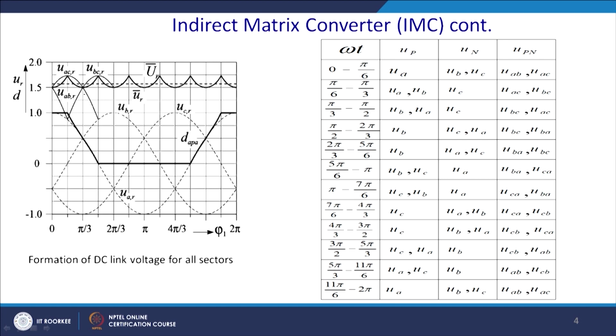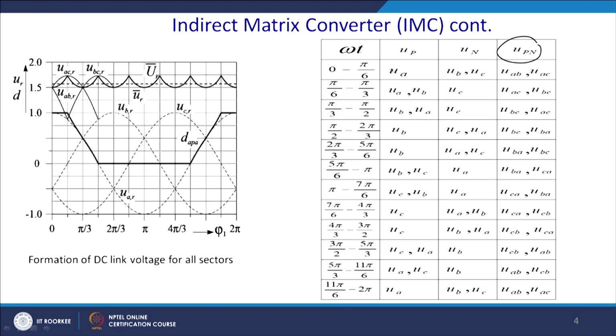From 0 to 60 degree the upper leg UA will be switched on and there will be a changeover at 30 degree from B to C, and thus the pole to neutral voltage will be UAB and UAC. Similarly, from pi by 6 to pi by 3 you will have this sequence, and these are the sequential curves with a 30 degree interval.